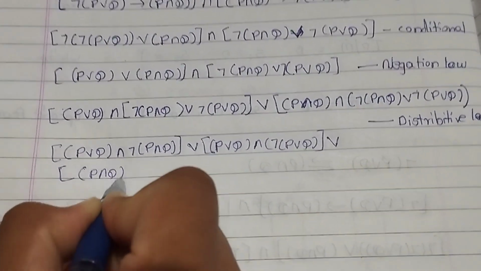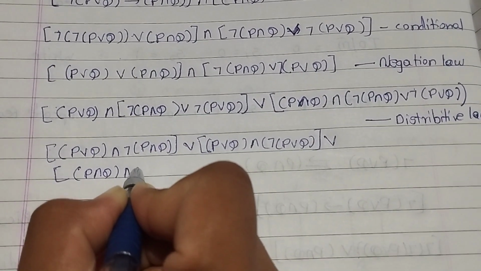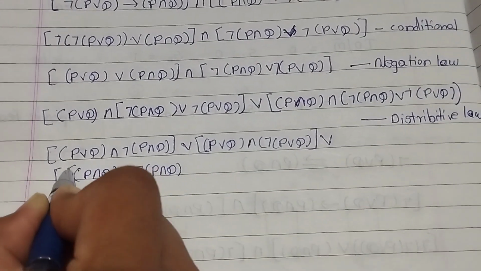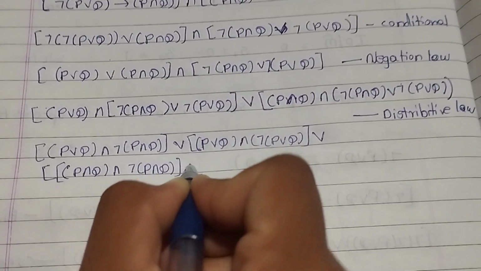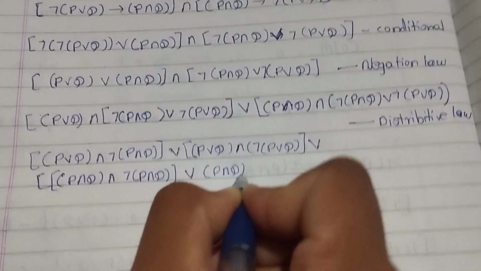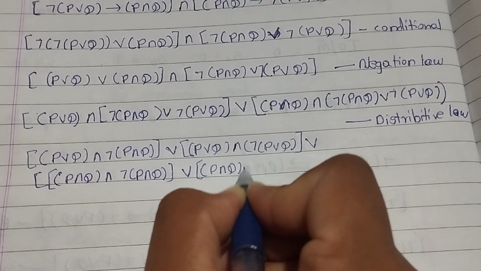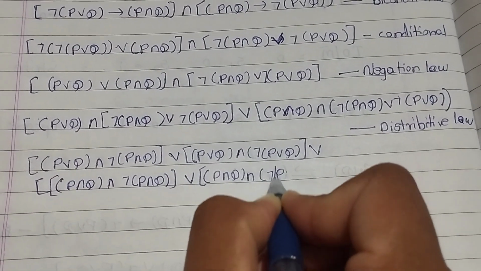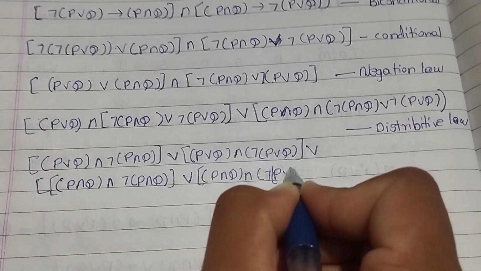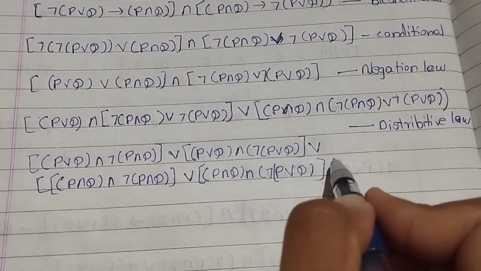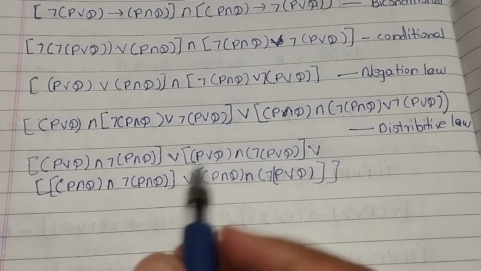(P and Q) and negation (P and Q), this is the one bracket, or (P and Q) and negation (P or Q). This is the other.